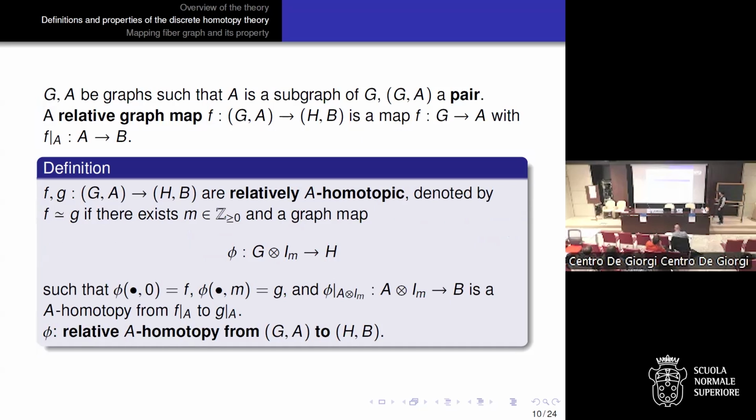So it's a map F from G to H with the restriction to A going to B. Then we can define a relative homotopy like this. These two maps F and G are relatively homotopic if there exists a non-negative integer m and a graph map with this property. So really just a mimic of geometric homotopy.